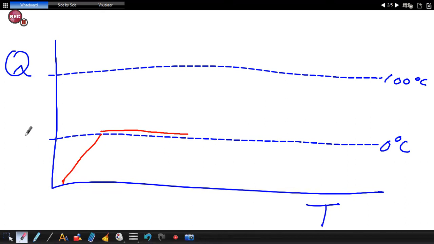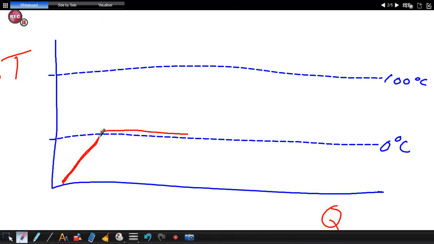I should change this. This is not what I wanted. So what we really want here is temperature on the y-axis and the heat that we put in on the x-axis. Got to be careful of that. All right. So we're heating up water. We add heat.